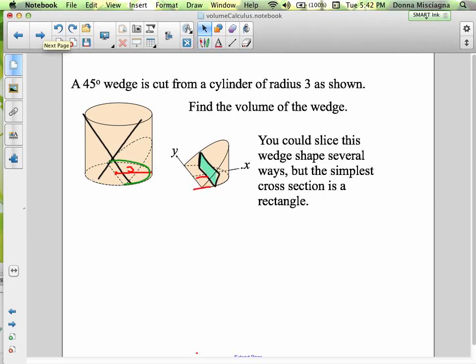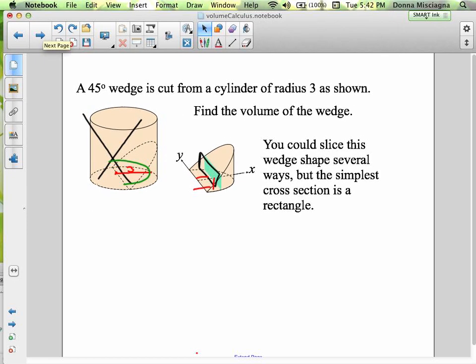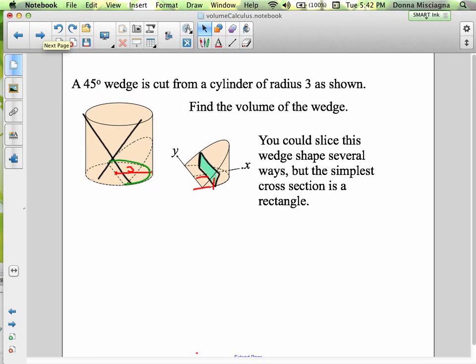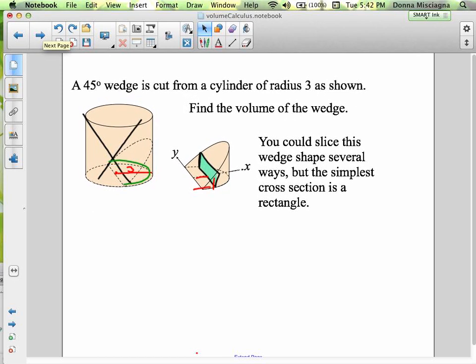Essentially what we have here, although it doesn't really look like it, is a bunch of right isosceles triangles as we cut through the wedge. That'll become important when we're figuring out the lengths of things.